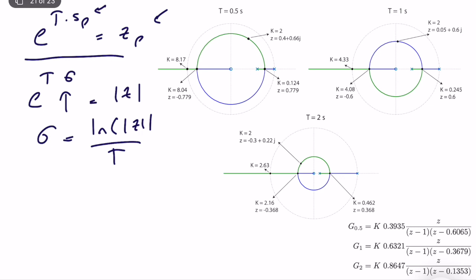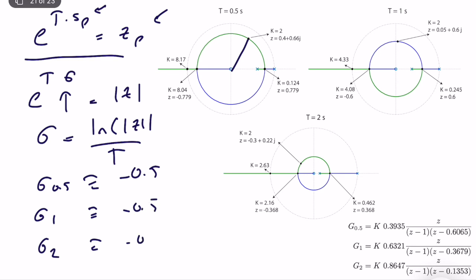So we can convert these magnitudes in the z domain to real values in the s domain, and then use the formula that we know from the continuous time systems course to compare the settling times. If we do that, sigma for 0.5, 1, and 2 is approximately, of course there are some differences, minus 0.5, minus 0.5, minus 0.5.